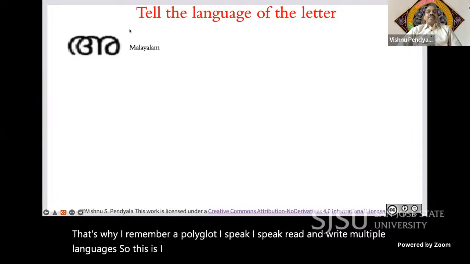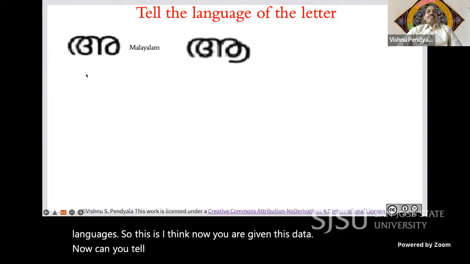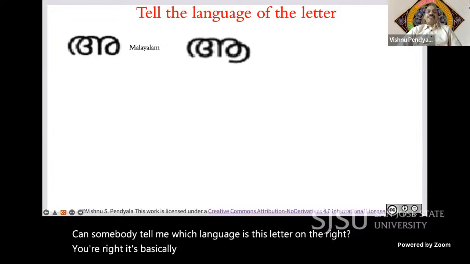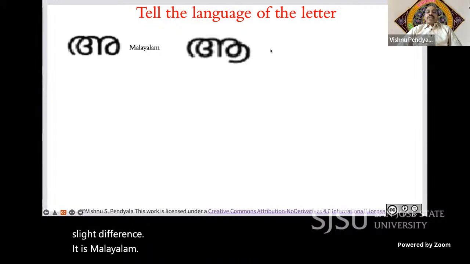Now, you're given this data. Can somebody tell me which language this letter on the right is? Yeah, you're right. It's basically Malayalam, right? There's a slight difference. It is Malayalam, right? So how were you able to tell this?